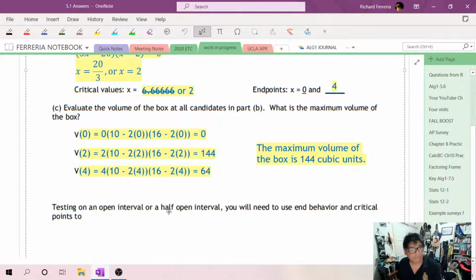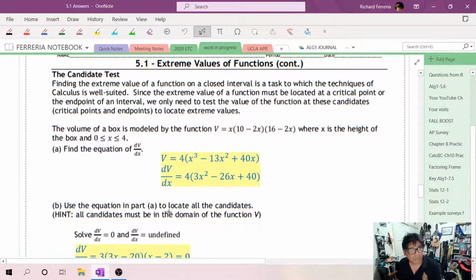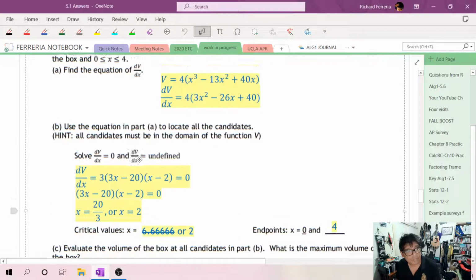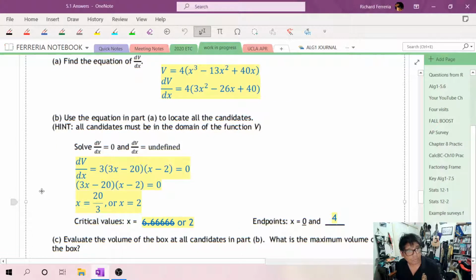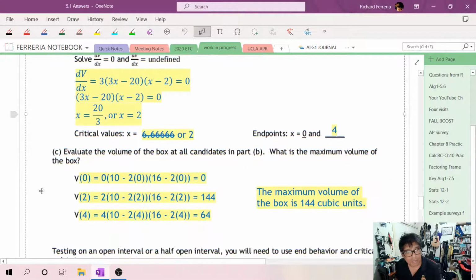Okay, so here is our candidate test. Step 1, find the derivative. Step 2, solve for all the candidates, which are endpoints and critical values. Number 3, evaluate the candidates for the function you're trying to maximize.